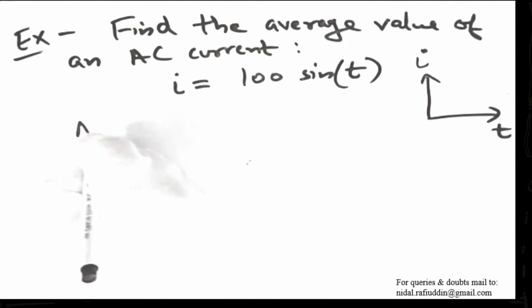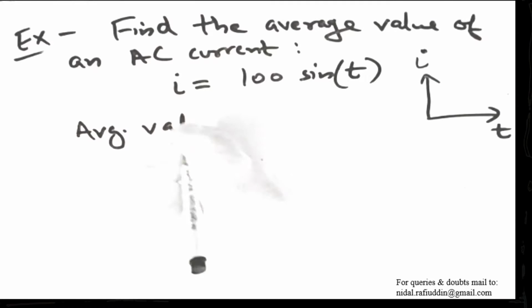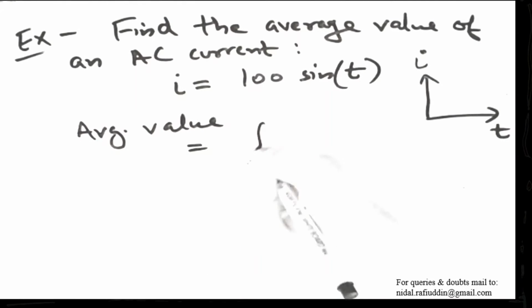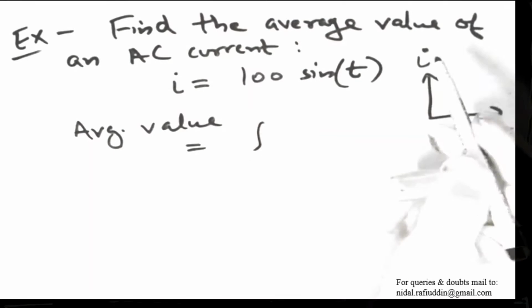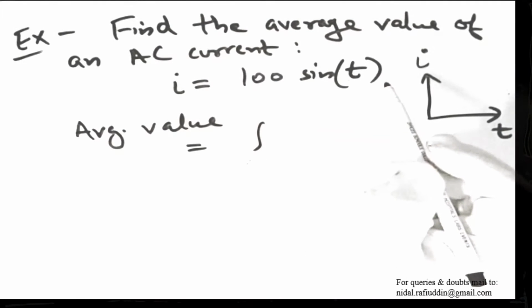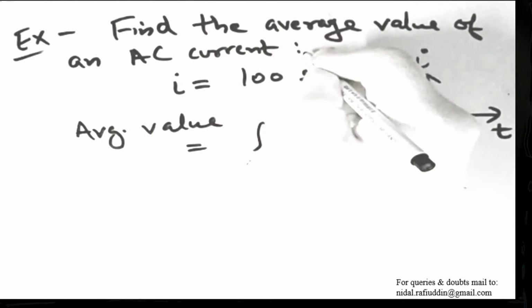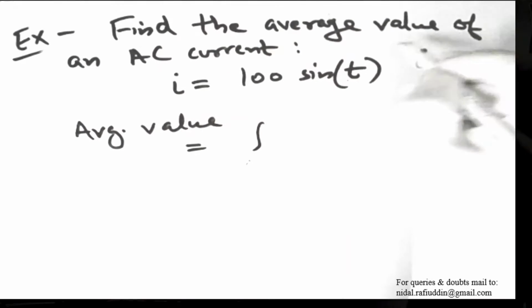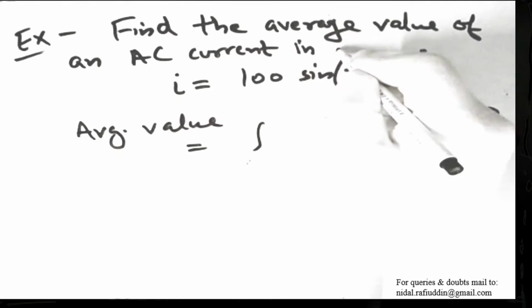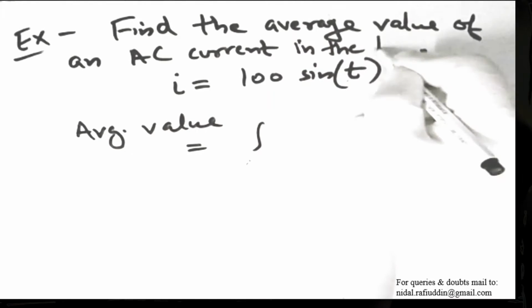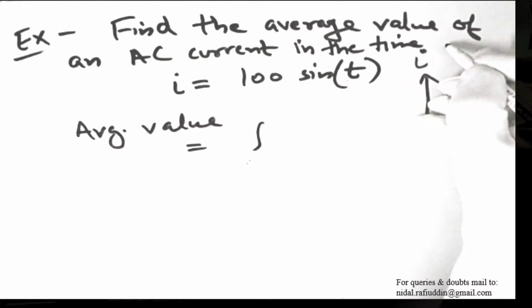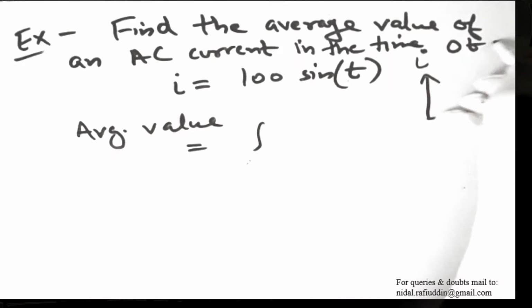So by definition, average value is given as integration from, and since we are not given the limit, let's say in the question it's given that you are required to find the average value in the time 0 to pi.